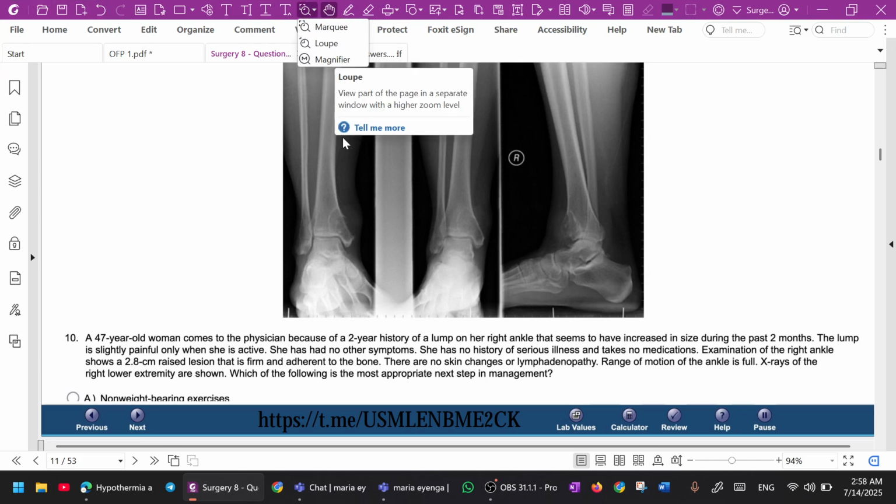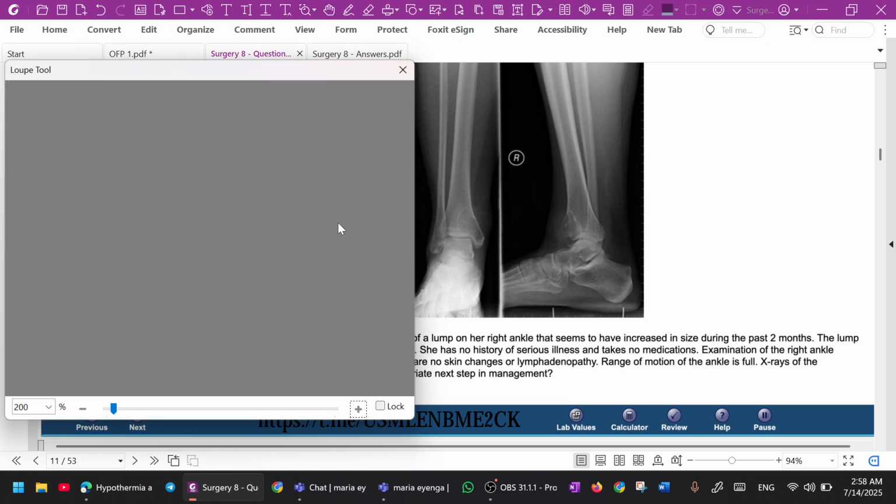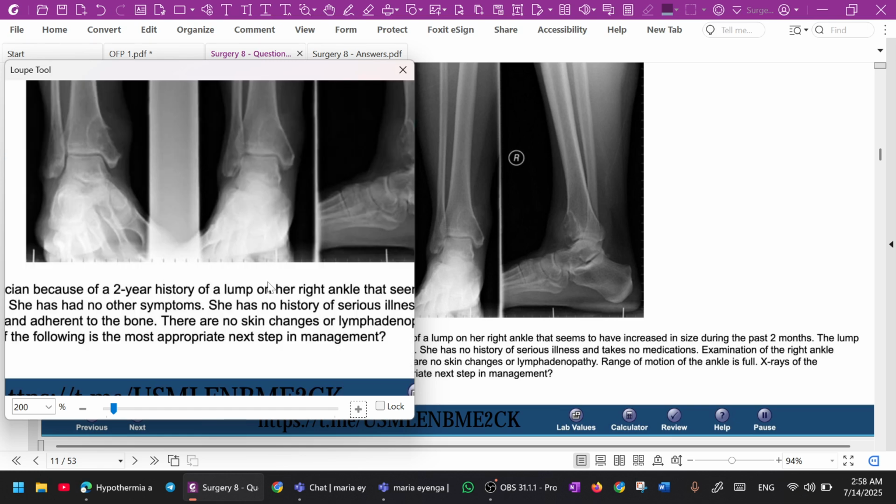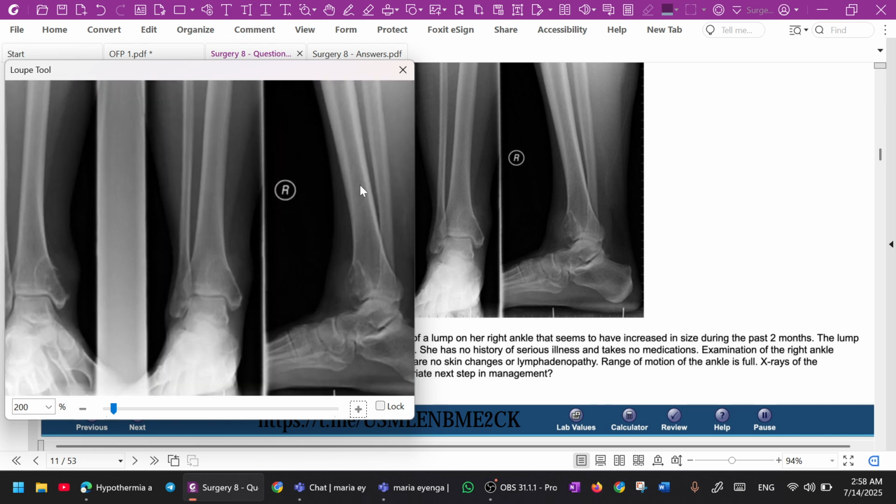Because it looks like it is, look at the tibia. I don't know, I am just seeing the picture. That's why I asked, I haven't read anything. You're trying to work from the picture. Okay. Tibial fracture, I guess if you want to call it a fracture.